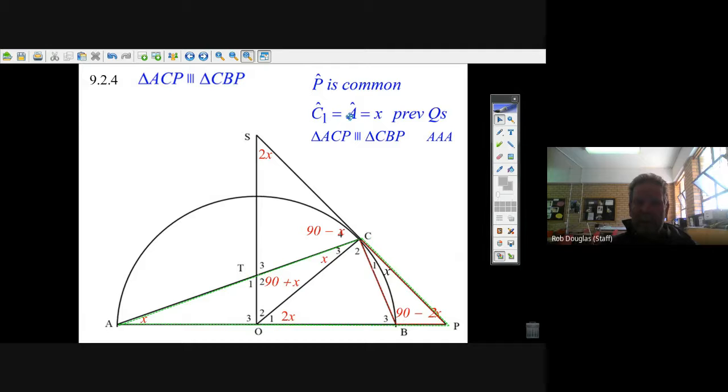So C1 equals A equals X. We've matched up A and C1. We have P being the same, because it's a common angle. Well, the other angle, because of angle sum in a triangle, also has to be equal. Therefore, triangle ACP is similar to triangle CBP. Well, we proved they're similar.